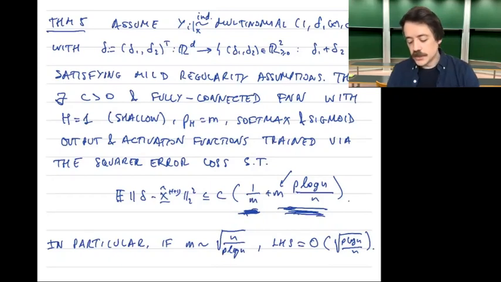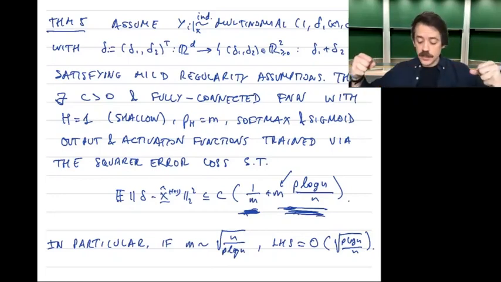Okay, so what this is saying is that we should probably mention something about the mild regularity assumptions, but these are basically continuity with slight differentiability. And what this is saying is that we can approximate any such data generating mechanism by a shallow network in which we're going to have to take many, many nodes, or units, which is given by this m.